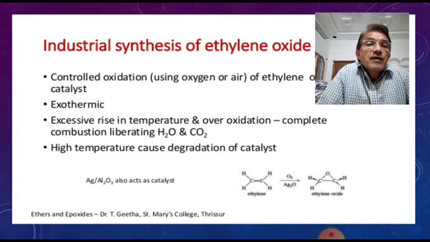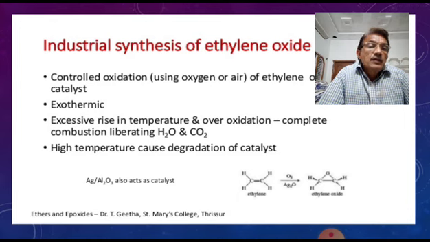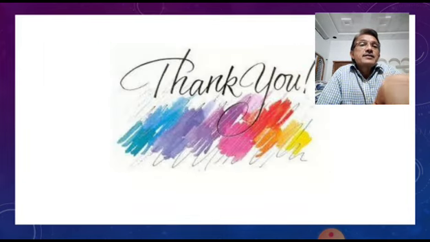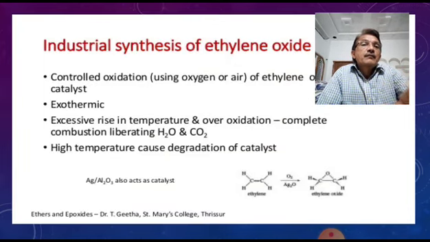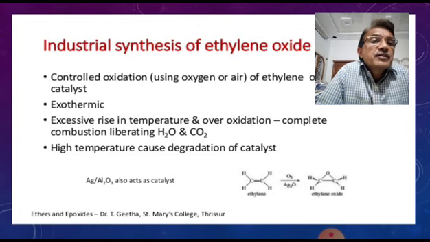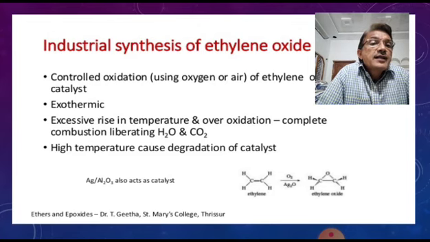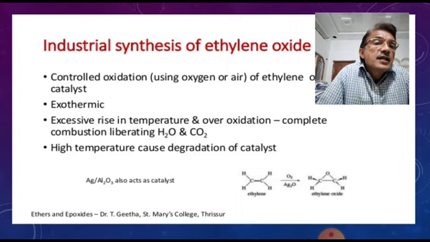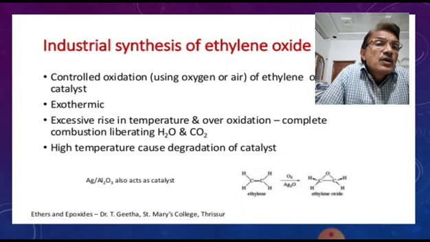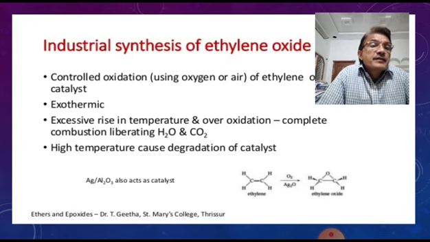Silver or Al2O3 also acts as a catalyst. One example is given. Reaction between ethylene and silver oxide. Ethylene reacts with silver oxide in the presence of O2 to give ethylene oxide.